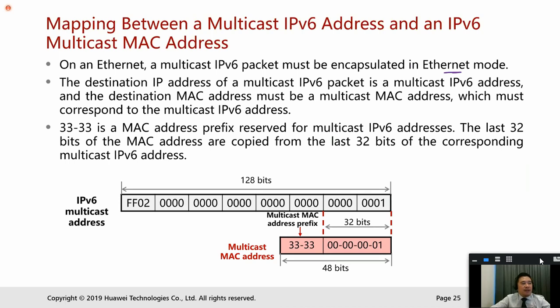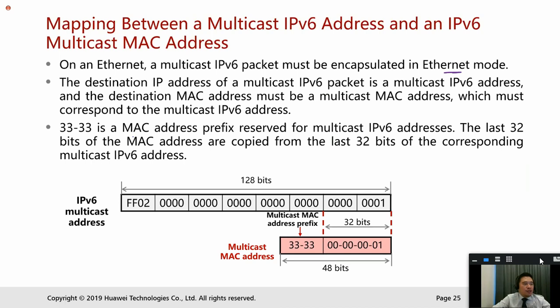The destination IP address of the multicast IPv6 packet is a multicast IPv6 address, and the destination MAC address must be a multicast MAC address corresponding to the multicast IPv6 address. When converted to layer 2, it must match, and they must form a multicast MAC address.